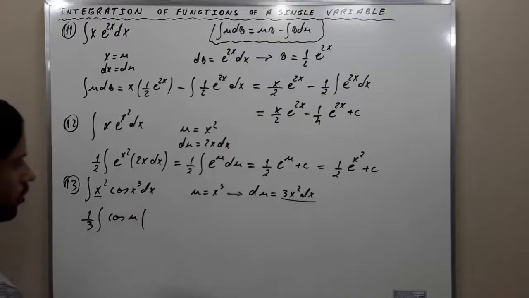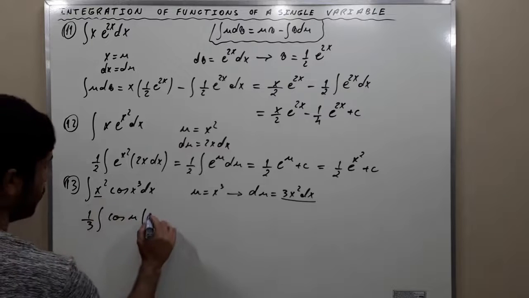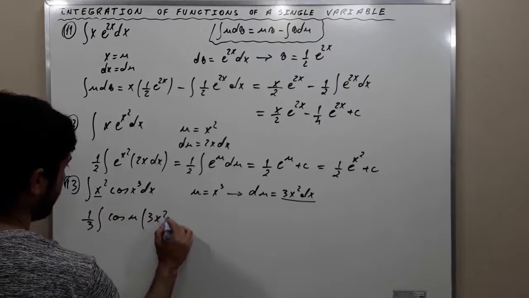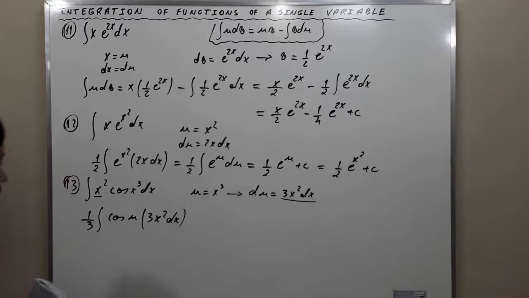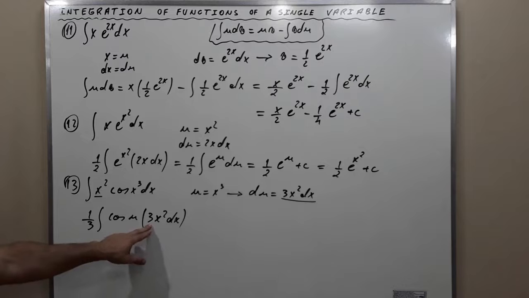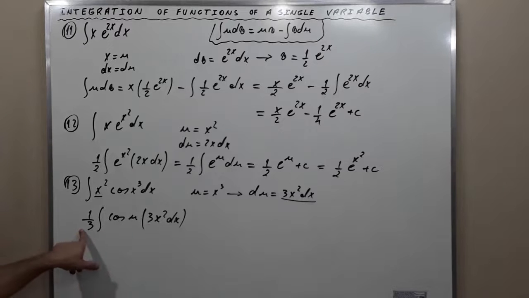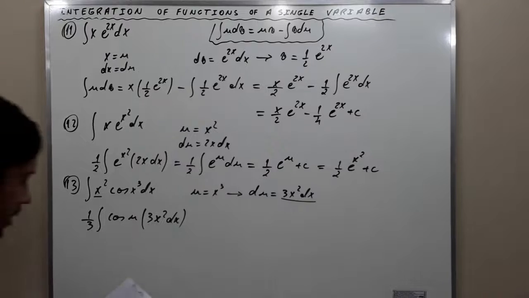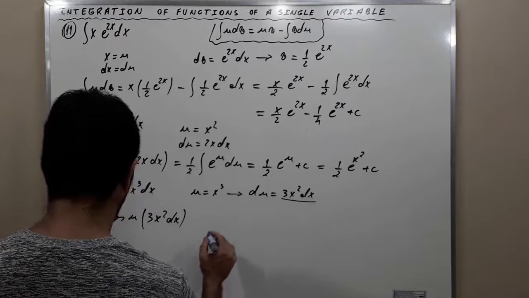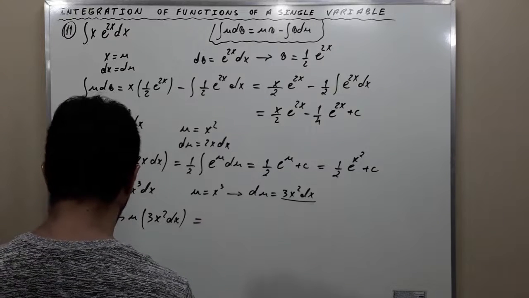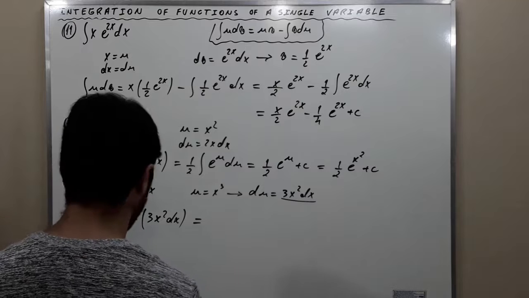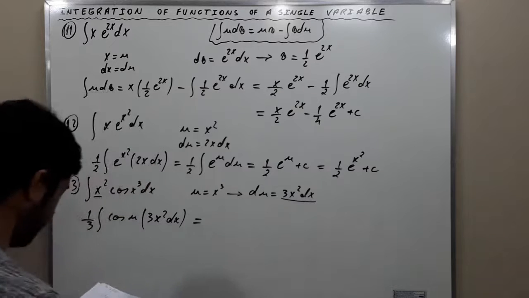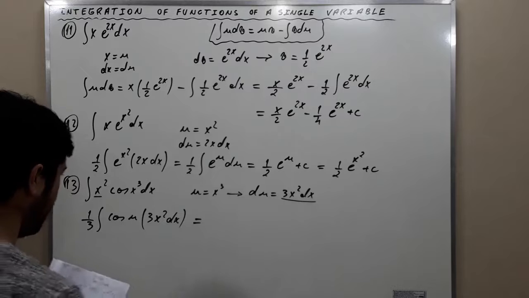And to make the du appear, we multiply by 3x squared dx. Observe that I didn't take this 3 out of nothing. It can only appear here if I divide by 3. And then the integral of the cosine is the sine.